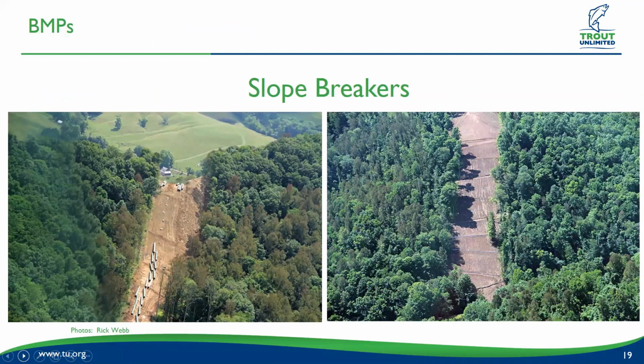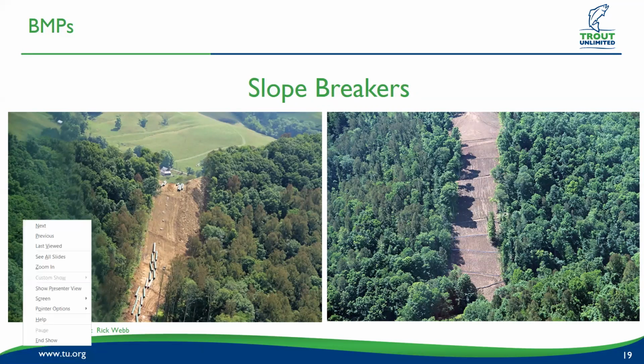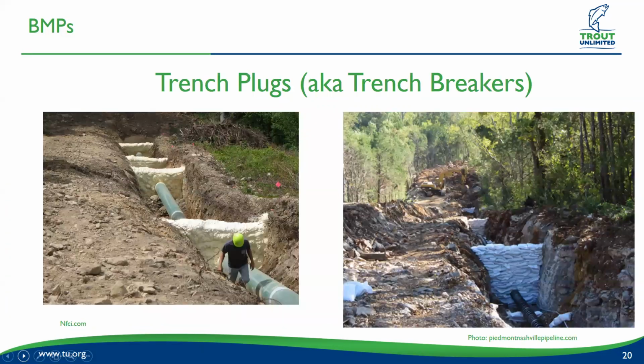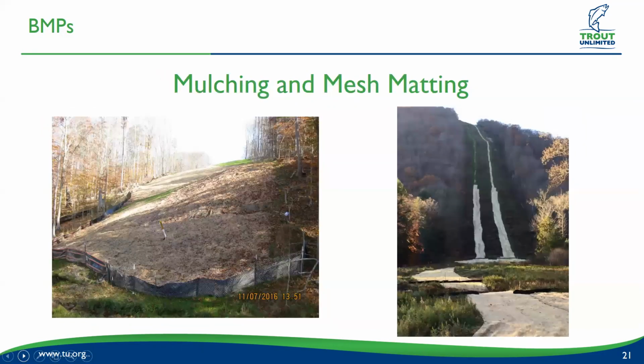These are used on steep slopes to divert the water off of the right of way to reduce erosion. And then you have the trench plugs. These are also used on steep slopes to prevent the water from just tunneling down around the pipeline. So the trench plugs stop the water and then it kind of disperses.